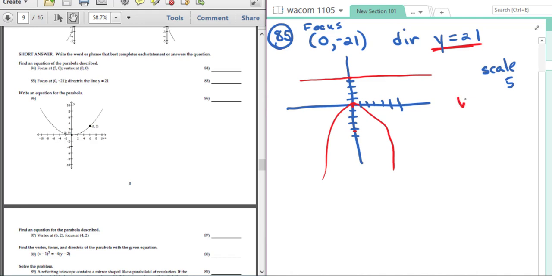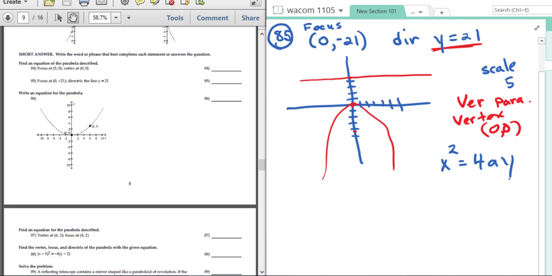So this is a vertical parabola. We did get the vertex at 0, 0. It needed to line up with the focus, and it needed to be halfway in between the directrix and the focus. All right, so vertical parabola is going to be x squared equals 4ay.